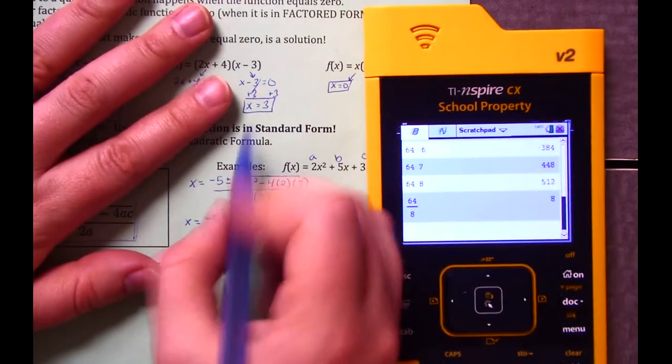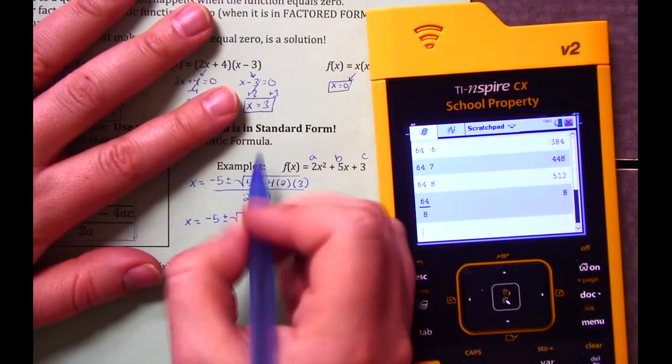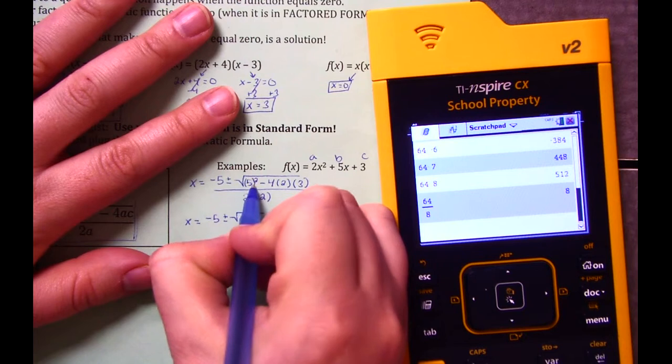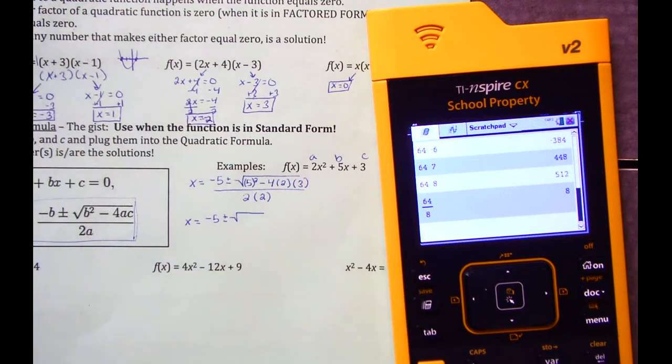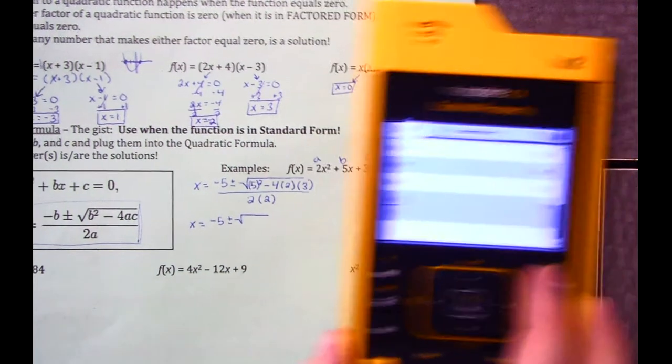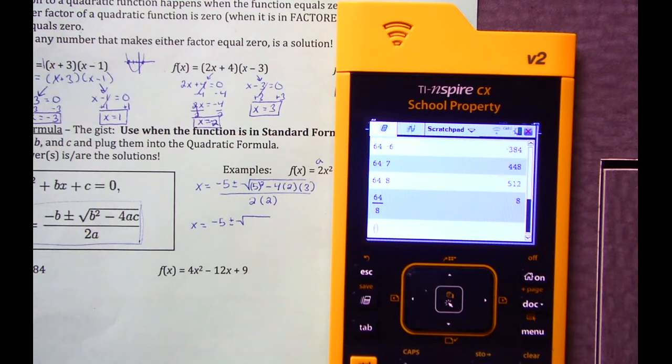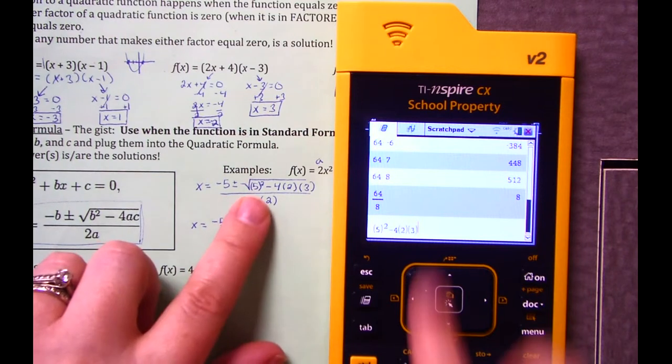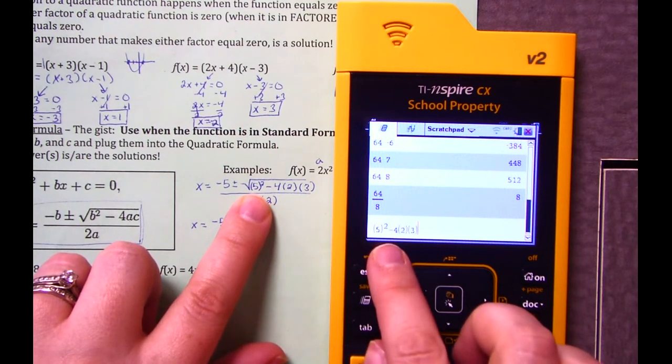And I'm even going to put this 5 in parentheses right here, because if that were a negative number, I would want to make sure to include the negative. So I'm going to type parentheses 5 parentheses squared minus 4, and then a is 2, and c is 3. So this is exactly what is underneath that square root.